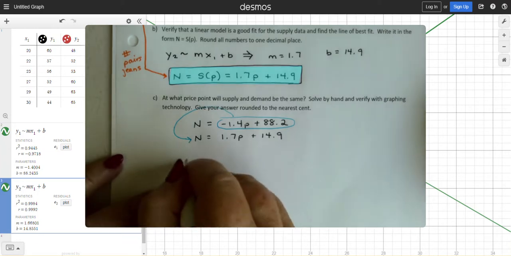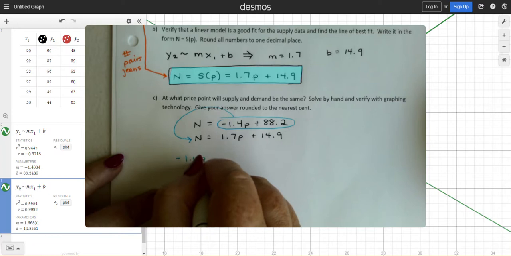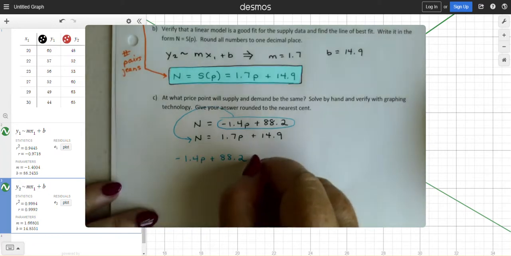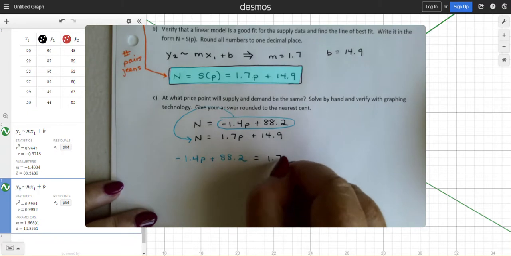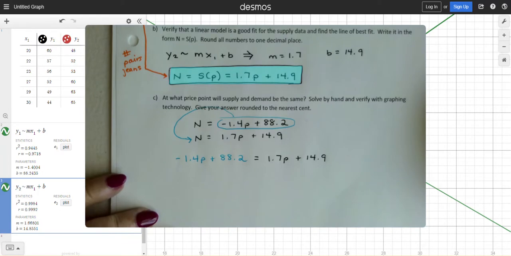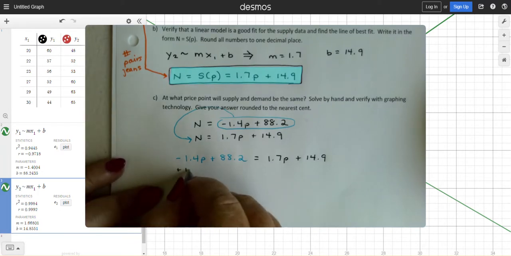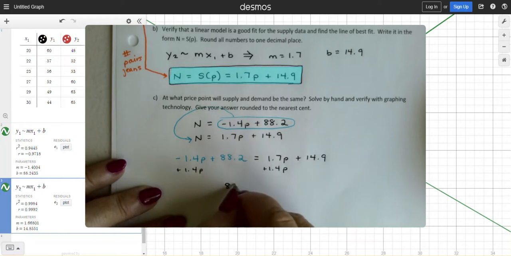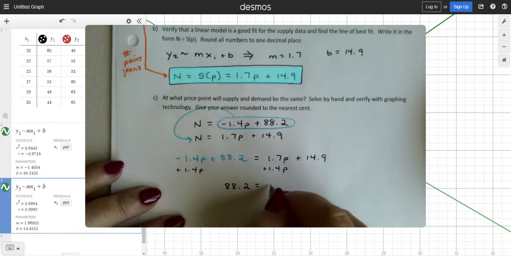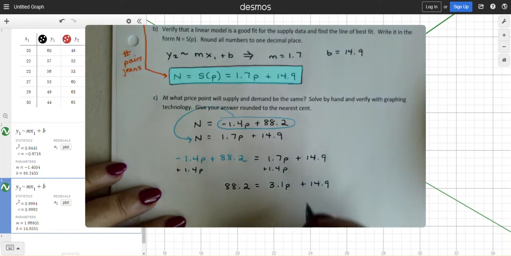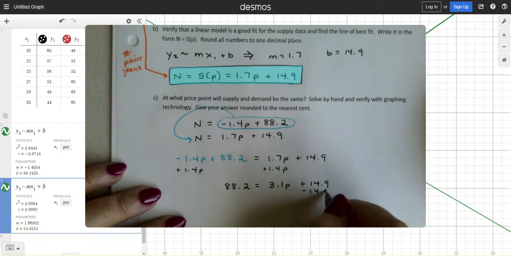So substituting for N, negative 1.4p plus 88.2 equals this side, 1.7p plus 14.9. All right, I'm going to add the 1.4p. So I have 88.2 equals 3.1p plus 14.9. I will subtract the 14.9.